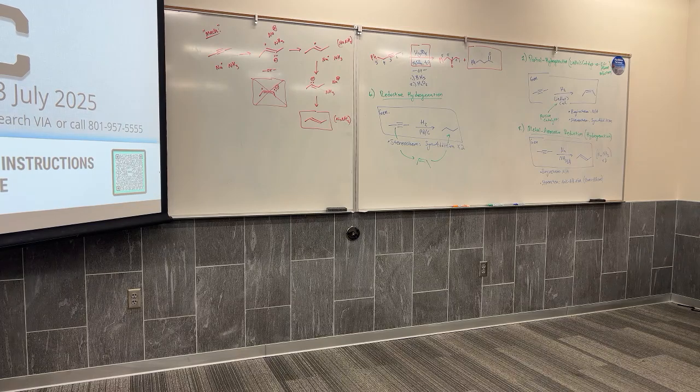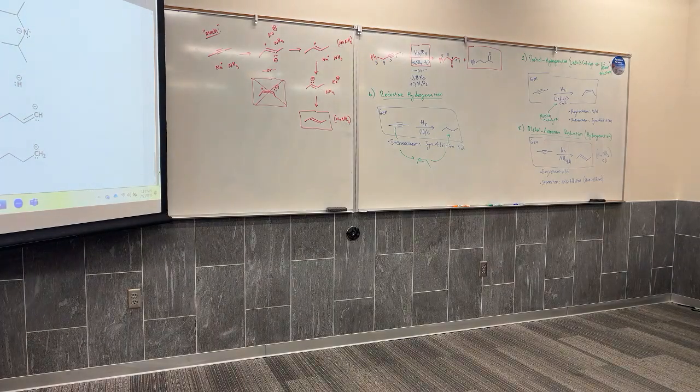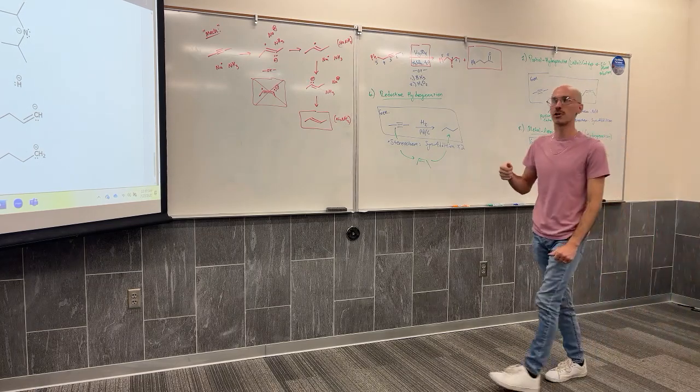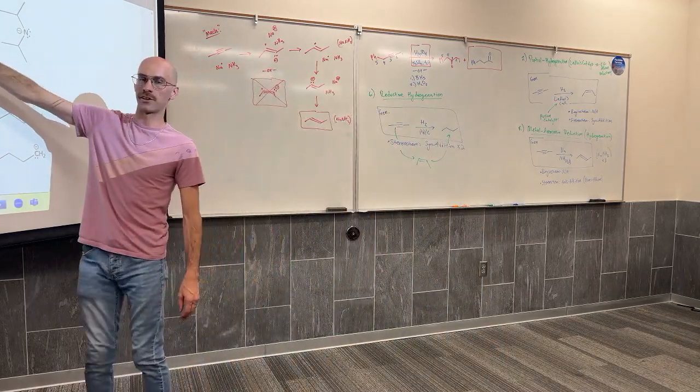Here's another fun application of acid-base chemistry. We use sodium amide to deprotonate alkynes because the alkyne is a better acid. And we use ammonia to protonate alkenes because ammonia is a better acid.